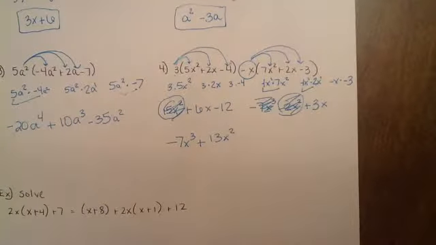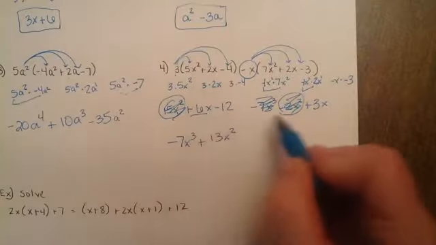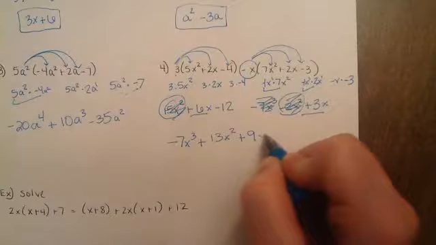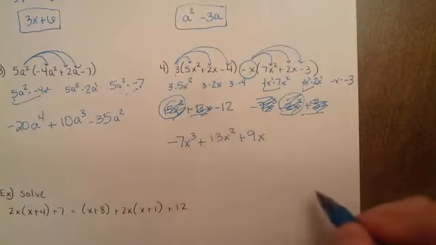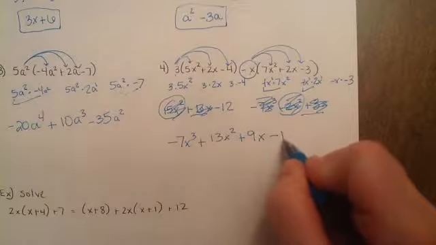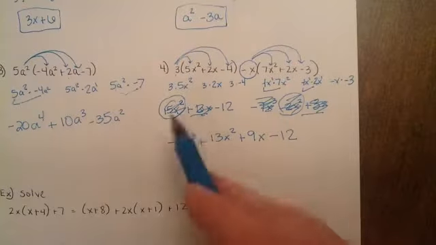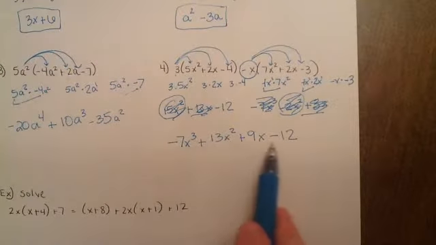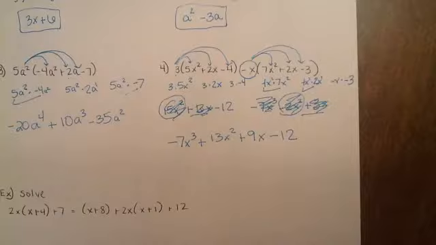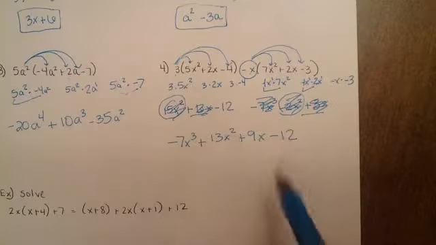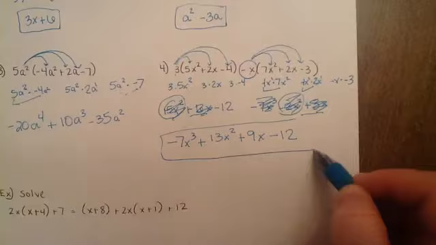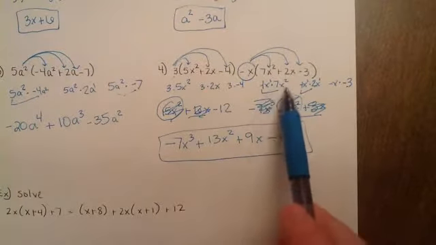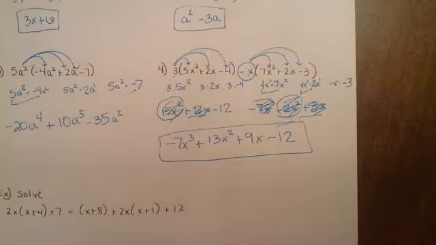What piece comes next? 6x plus 3x is positive 9x. And lastly, minus 12. So distribute, put together our pieces. Can anything else be combined? Nope, none of the exponents match. So that is our final answer. Make sure when you distribute, you pay close attention to our exponents and then put our pieces together that match.